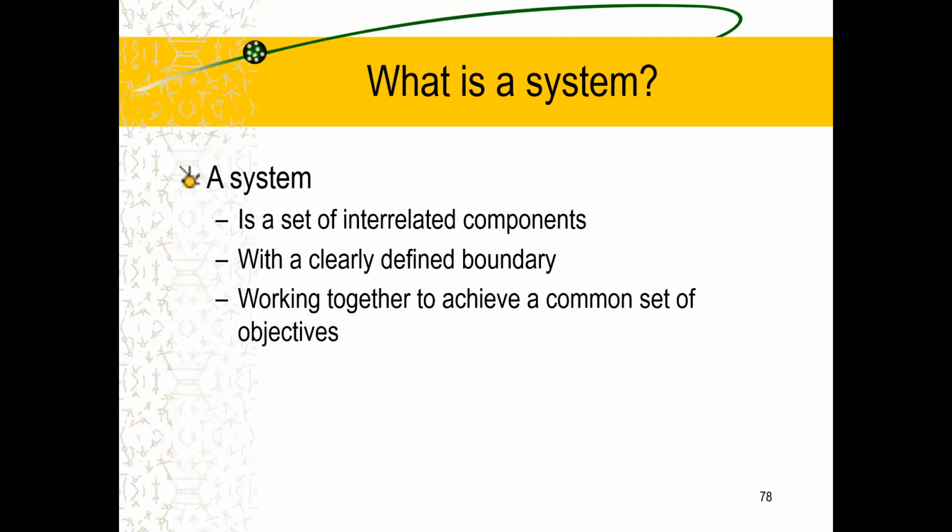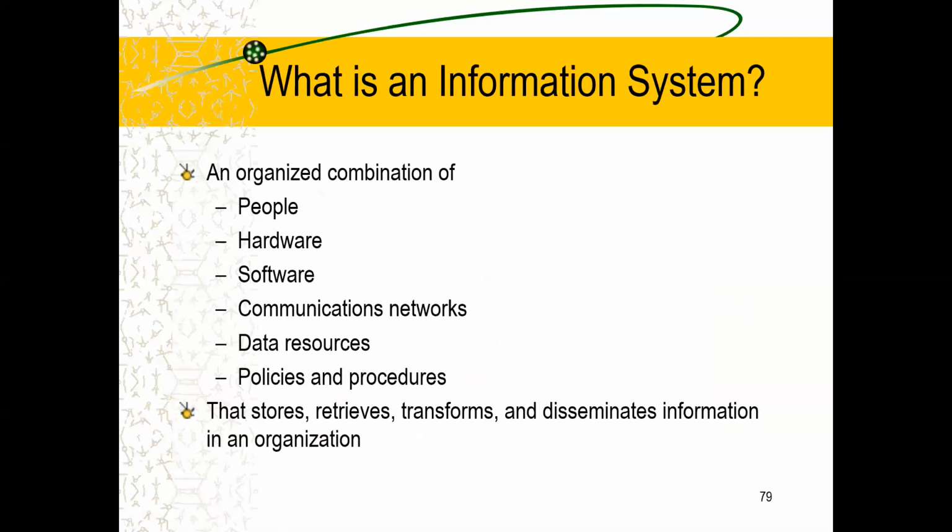What is a system? A system is a set of interrelated components with clearly defined boundaries working together to achieve a common set of objectives. So what is an information system? An organized combination of people, hardware, software, communication networks, data resources, and policies and procedures.